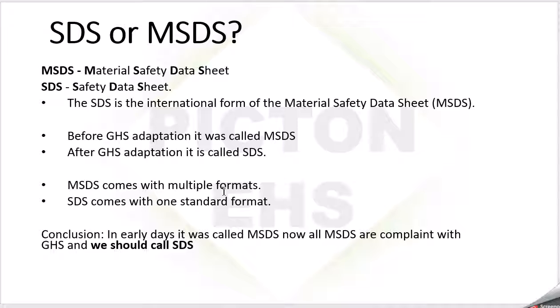MSDS comes in multiple formats and SDS comes in one standard format, with a total of 16 sections in a standard way. The conclusion: in early days it was called MSDS. Now all MSDSs are compliant with GHS regulations and we should call it SDS.